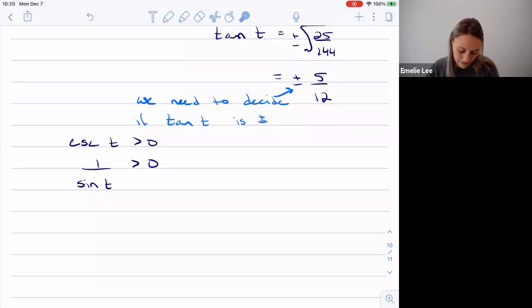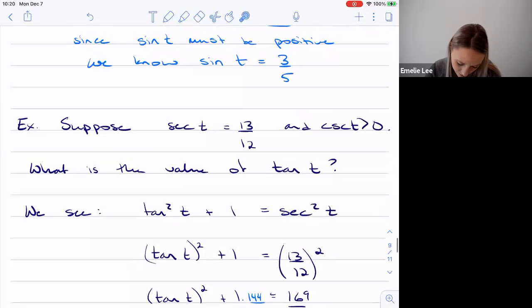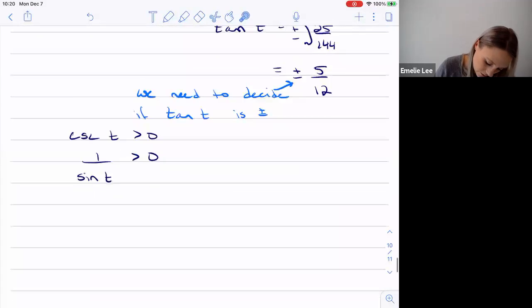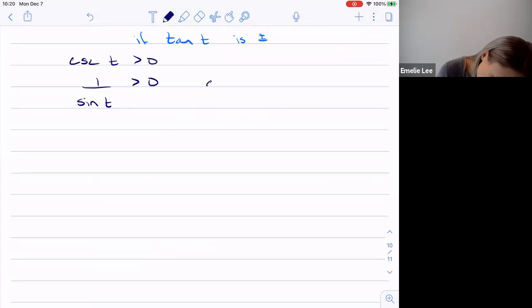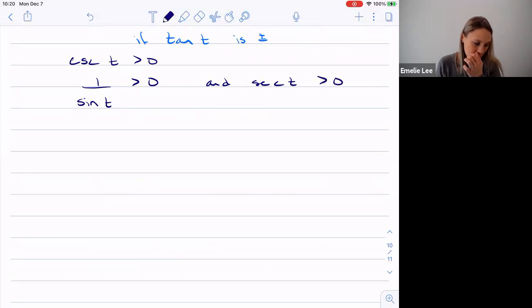What other clues? Secant t is also positive, and secant is 1 over cosine.